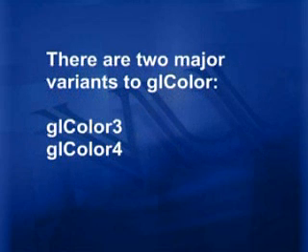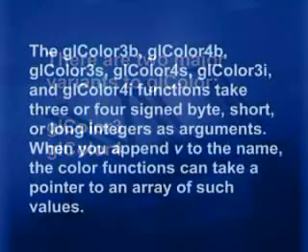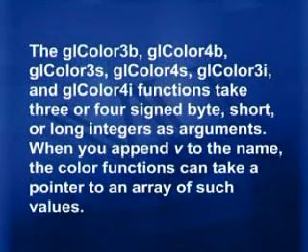There are 2 major variants, glColor3 and glColor4, and as we have already discussed, the significance of the numbers 3 and 4. glColor3b, glColor4b, glColor3s, glColor4s, glColor3i, and glColor4i take 3 or 4 signed byte, short or long integers as arguments.